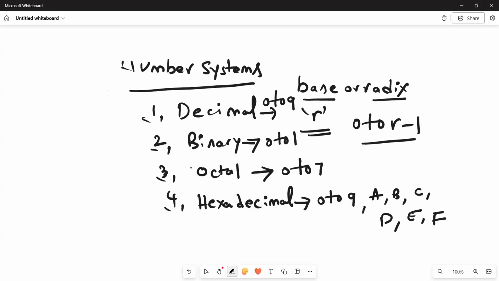Okay, so these are the four number systems. Out of these, the decimal number system is the standard, as you know very well, and in most cases we are going to prefer the hexadecimal number system.